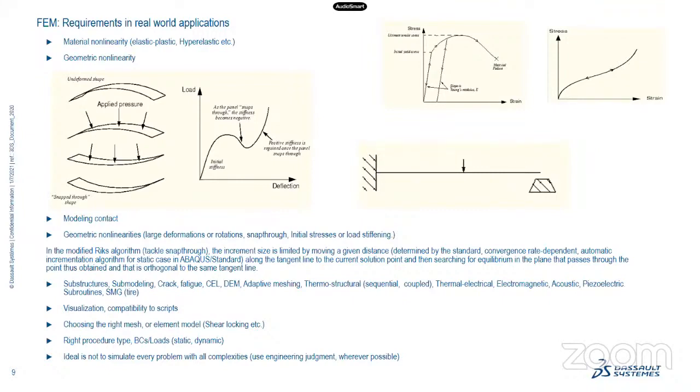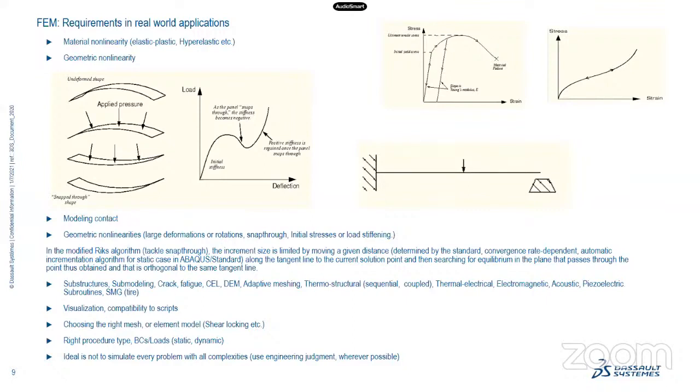And thermal, electrical, electromagnetic. And SMG. For SMG, we don't need to solve the whole 3D model. Even if you have a lot of complexity, the idea is not to solve all the models in 3D with all the complexities, anisotropy.